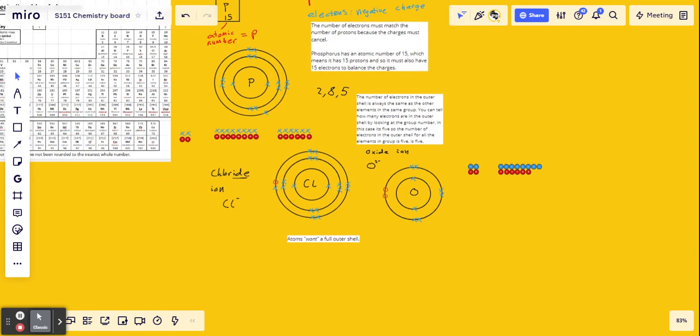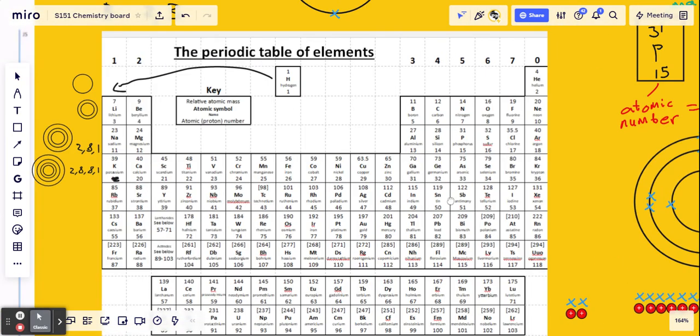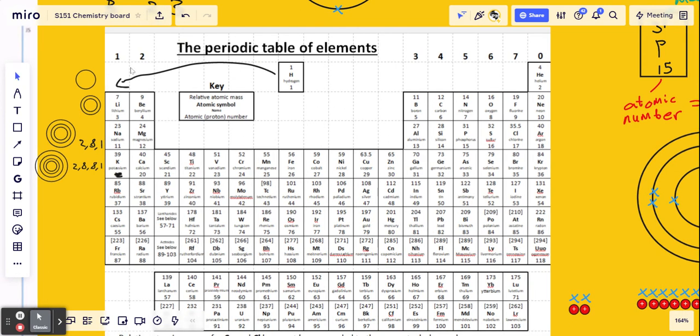Now you'll notice that if we look at the periodic table, the non-metals tend to be on the right-hand side, and the metals are on the left-hand side. And we know also that the group number tells you the number of electrons in the outer shell. So a low group number means there's a low number of electrons in the outer shell, and that's on the left.